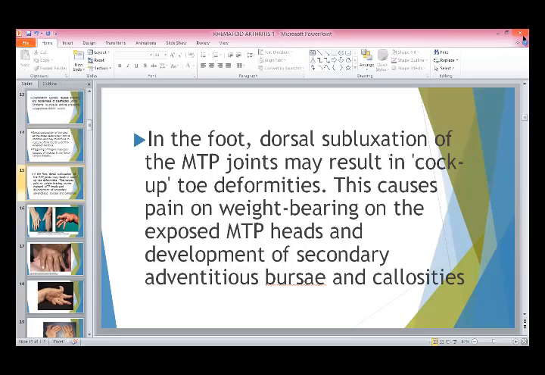In the foot, dorsal subluxation of the metatarsophalangeal joints may result in cock-up deformities. This causes pain on weight bearing on the exposed metatarsophalangeal heads and development of secondary adventitious bursae and callosities.